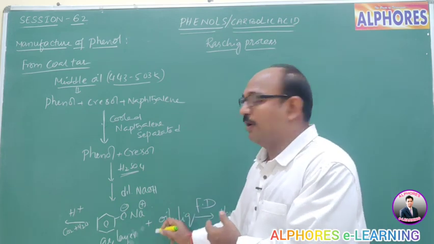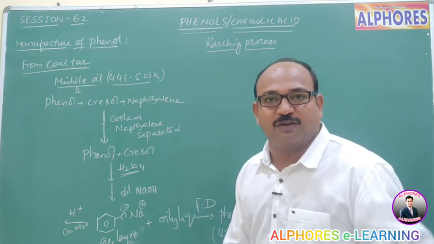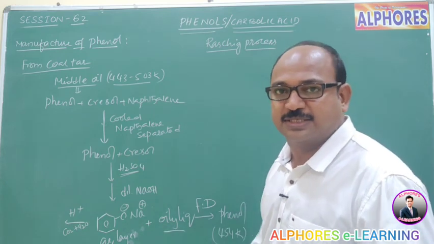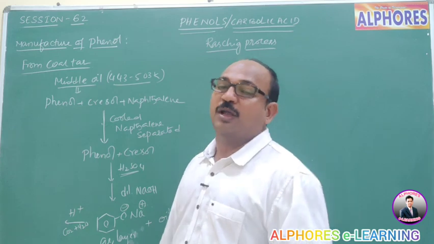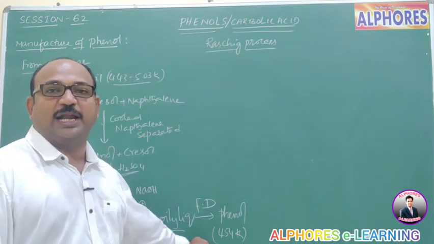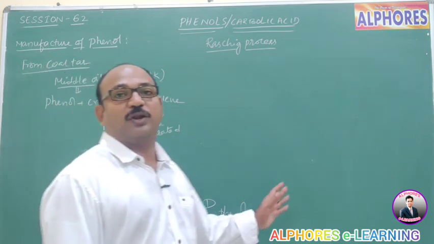Whereas if the part that does not react with sodium hydroxide still remains as an oily liquid, which consists of phenol and cresol, upon fractional distillation we are getting phenol at 454 Kelvin.